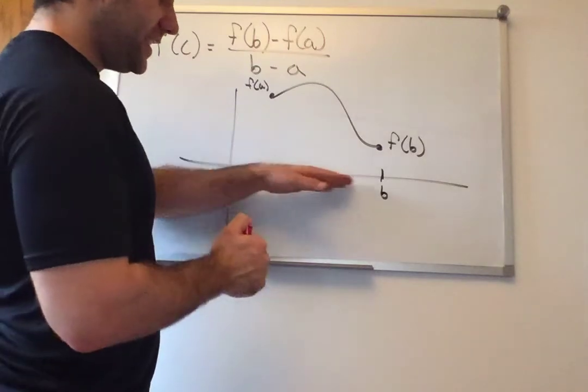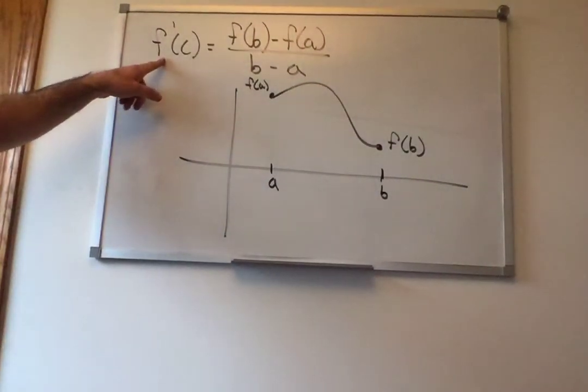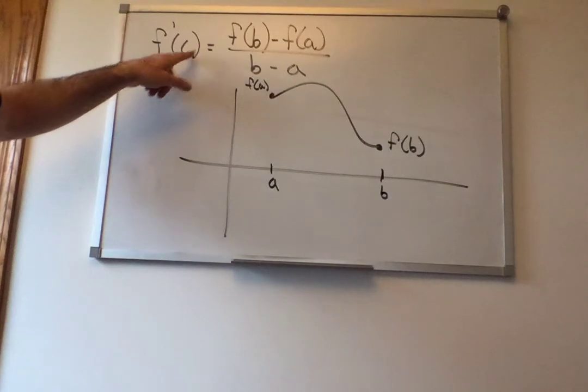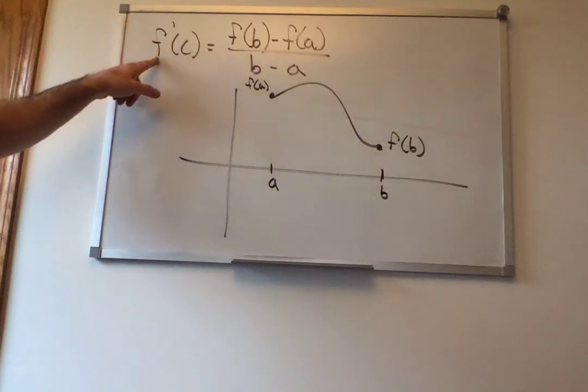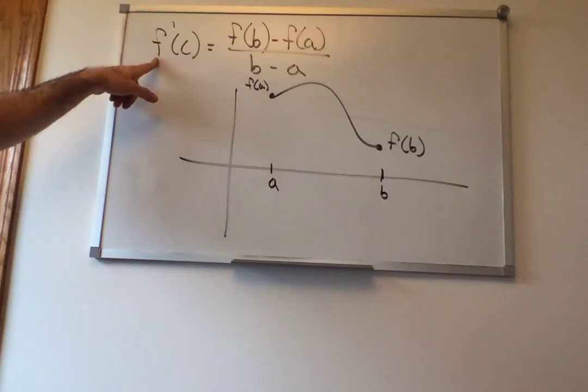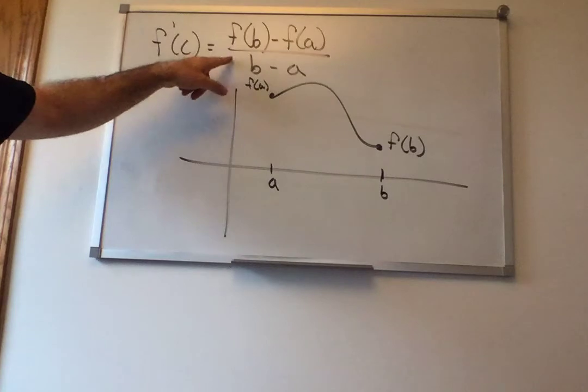There's some number c in this interval such that the derivative evaluated at that point c is equal to, now think about what that looks like for a second, and think about what the derivative means. The derivative means slope. So a slope must be equal to, this is another slope.